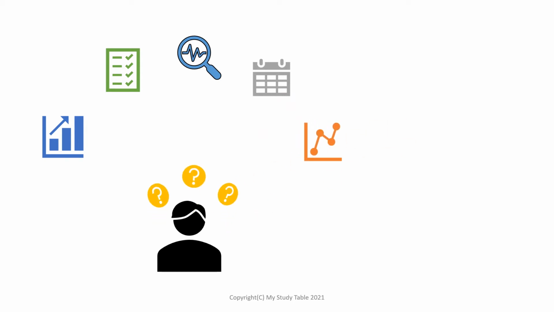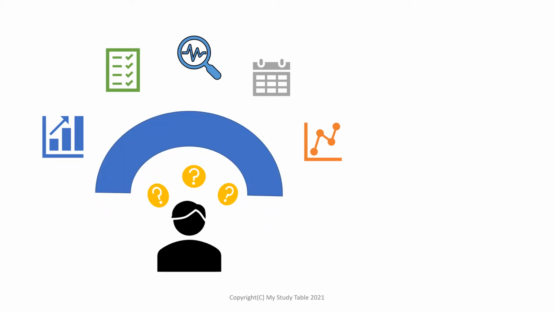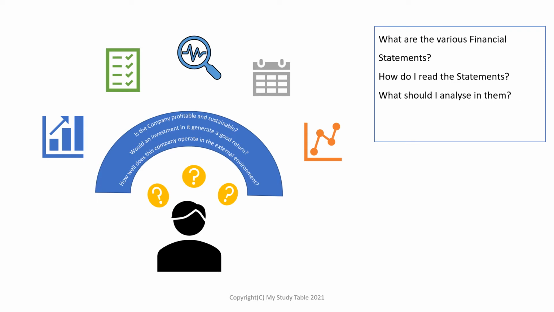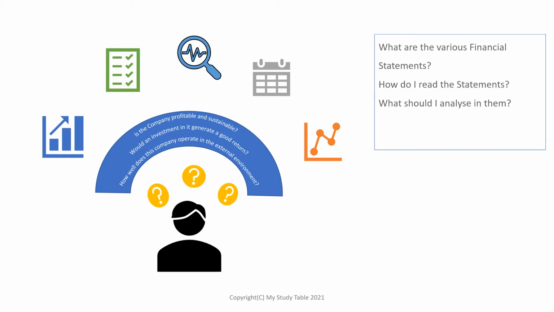The objective of the financial statement user is to understand and interpret all this information to decide if the company is profitable and sustainable, would an investment in it generate a good return, and how well does this company operate in the external environment, amongst others. So let's begin with understanding what the various financial statements are, how can one read those statements, and what should be analyzed.